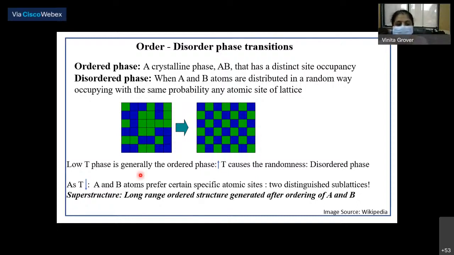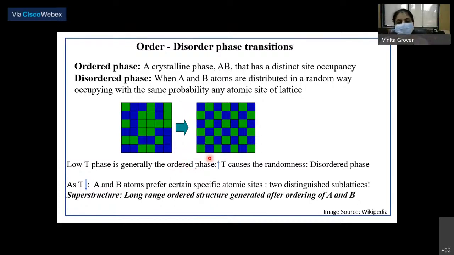Now, order-disorder will not happen in all materials. Let us first remember this. But if in any material there is a probability of an order-disorder phase transition happening at all, then the low temperature phase is the ordered phase. Why? Because as you increase the temperature, that gives them more energy.